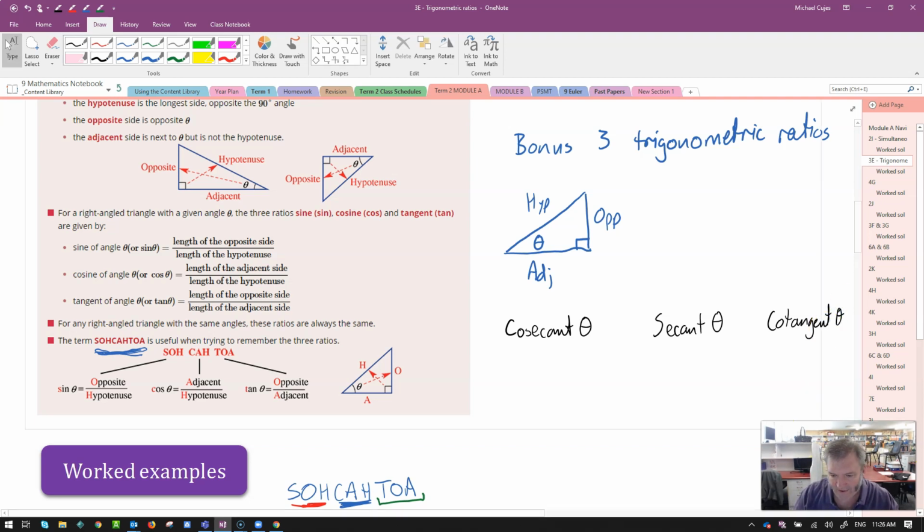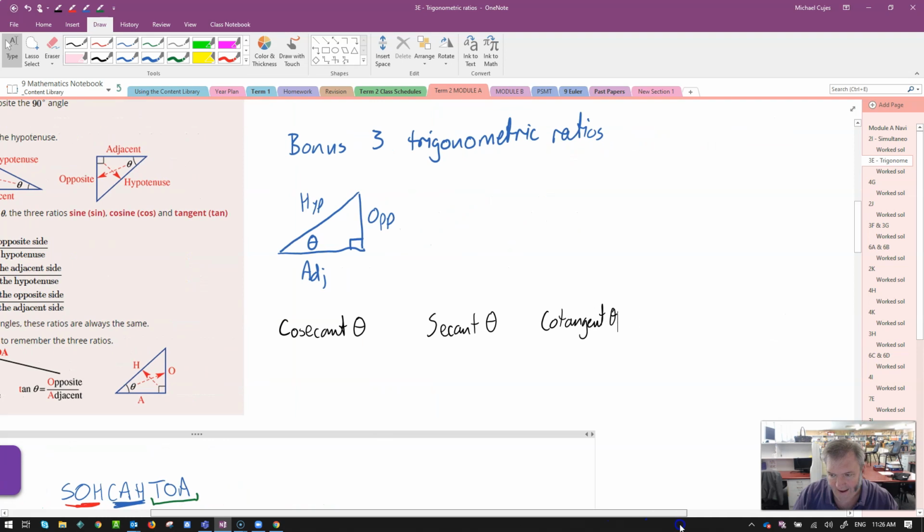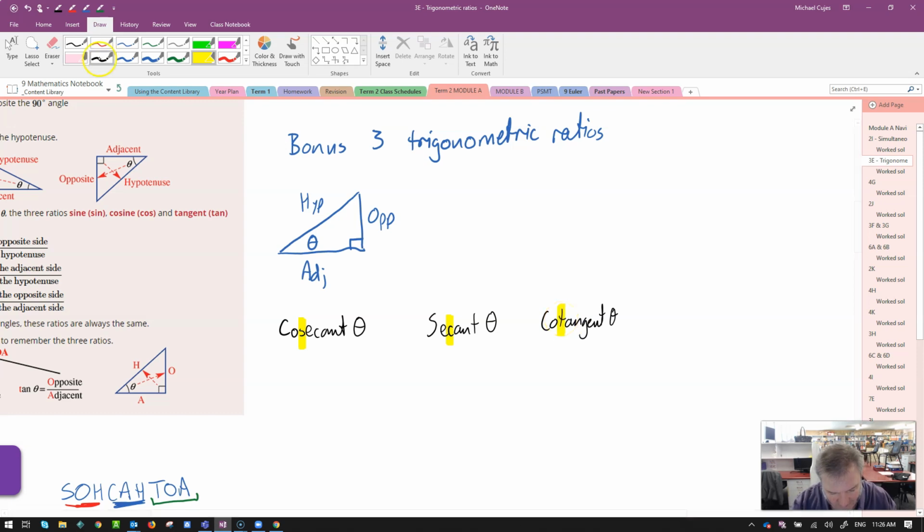And let's have a look at what they are. So the way to tell is looking at the 3rd letter. That tells you what it is the reciprocal of.